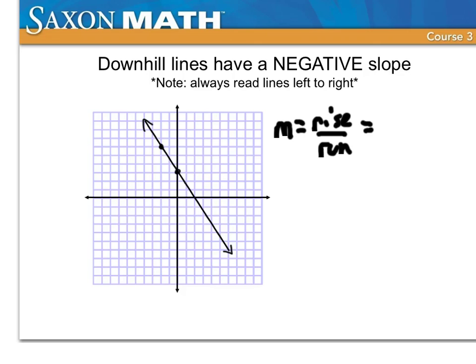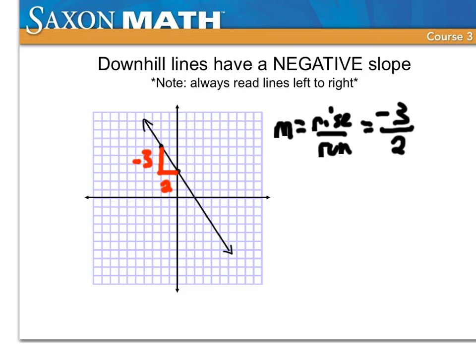So my rise, I'm going to go down 1, 2, 3. Okay? And remember, when we go down, that's a negative number, so my rise is negative 3. So I'm going to put that on top of my fraction, negative 3. Over, and then my run, I have to go over 1, 2. So my run is positive 2. Remember, your run is always positive.